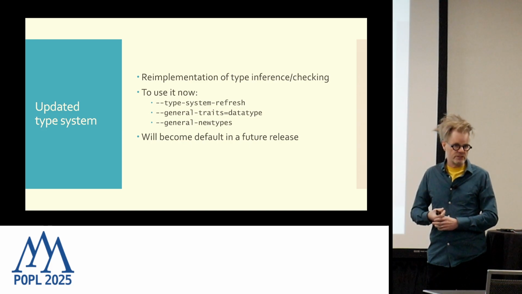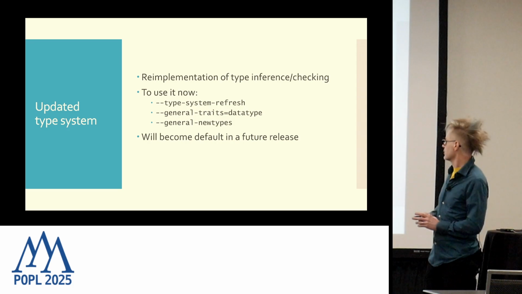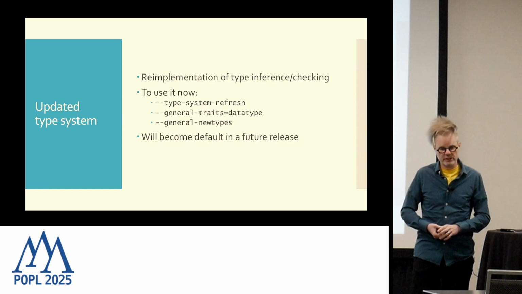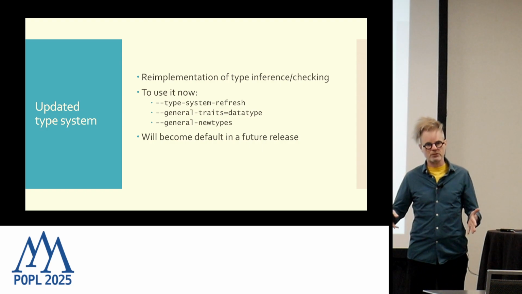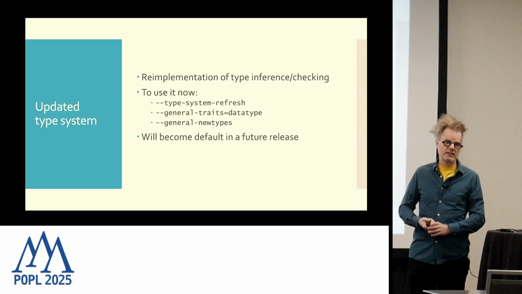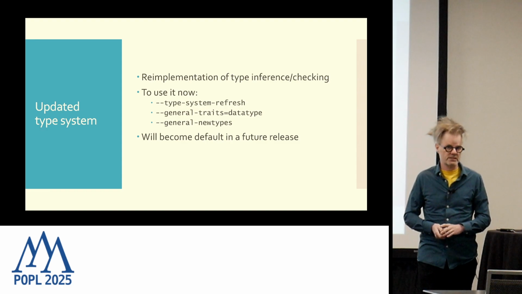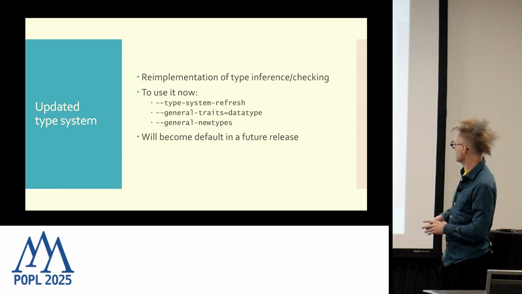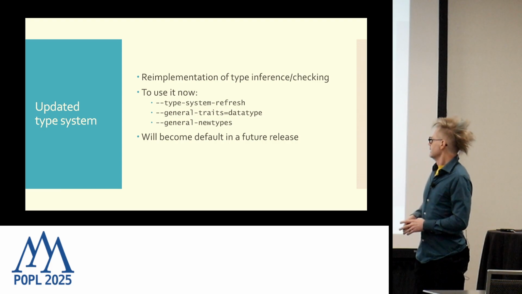Both the previous time, like 7 years ago, and now the re-implementation. This is really hard to get right, because to get the inference, you rely on heuristics. The new type inference relies on many fewer heuristics than the previous one did. But type inference is difficult.